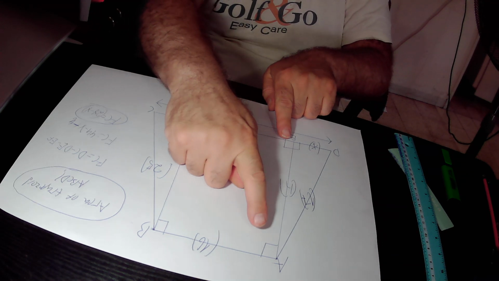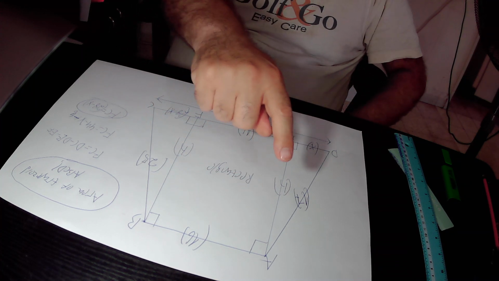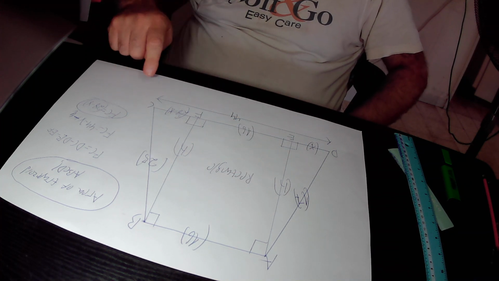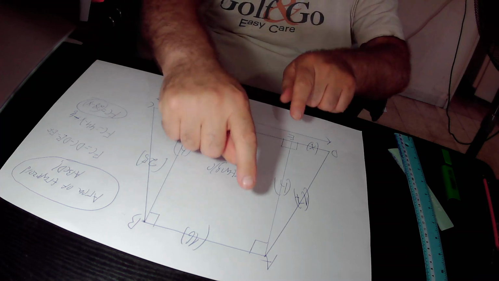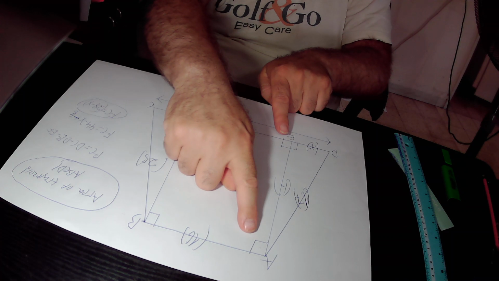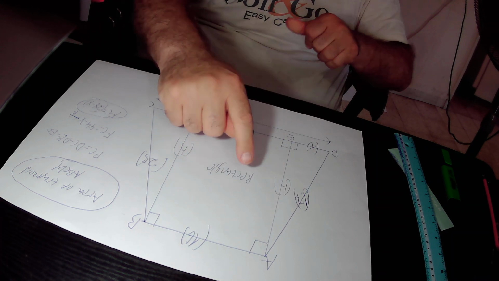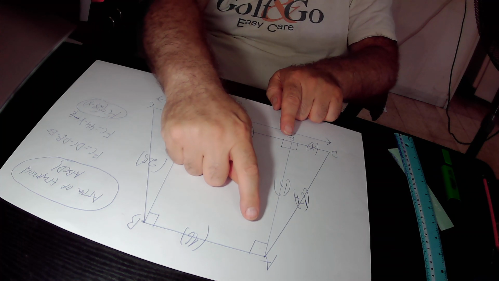Those two angles are located between the parallel lines AB and DC, and therefore they are defined as interior angles. Those two angles are also located on the right side of the straight line AE, and therefore they are both defined as one-sided.